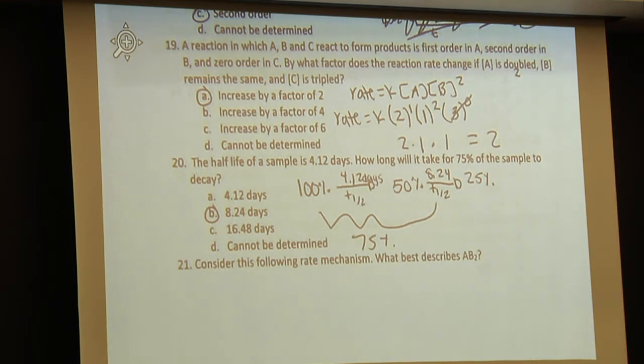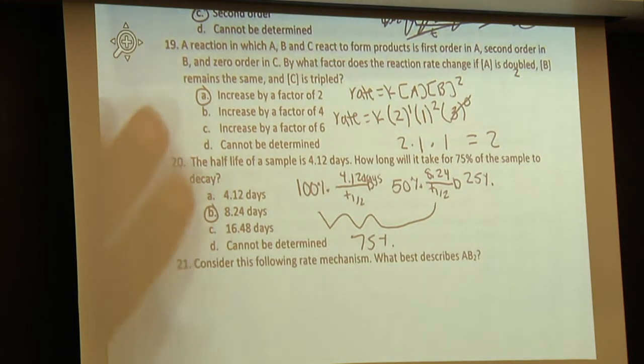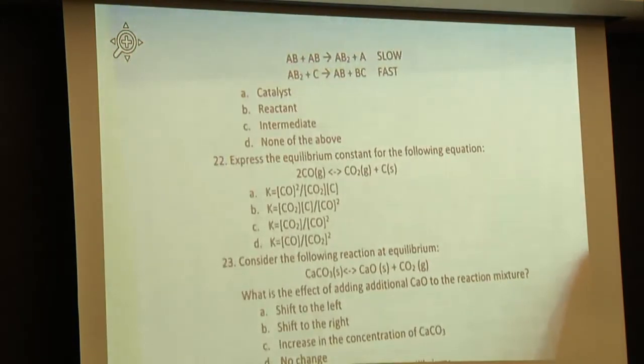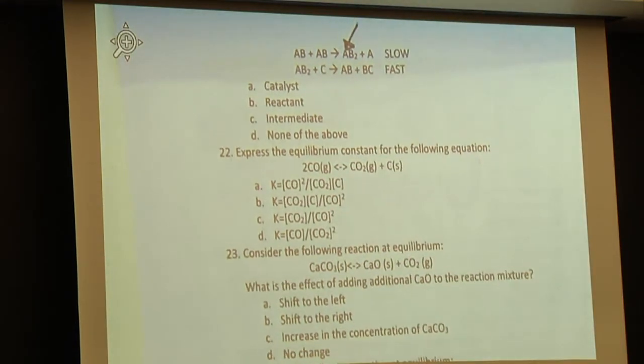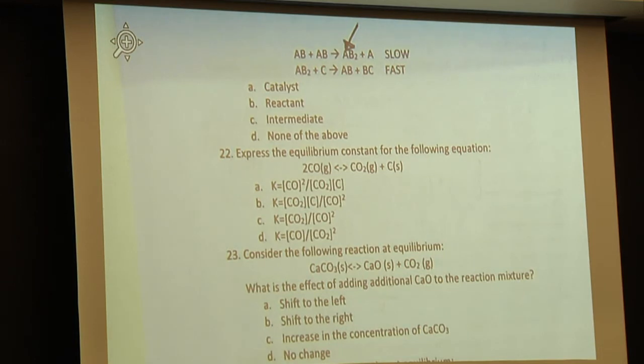Okay, number 21. We're going to consider the following rate mechanism, and I want to know what best describes AB2. So we're looking at what best describes this right here. What's the answer? Yes, it's an intermediate.